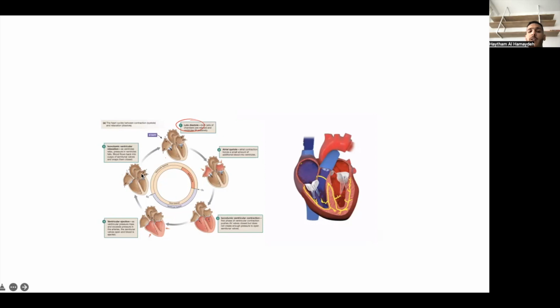And so the atriums right now are relaxed to take in the blood that has come in from the pulmonary and the systemic circulation. And then we go back again to late diastole.